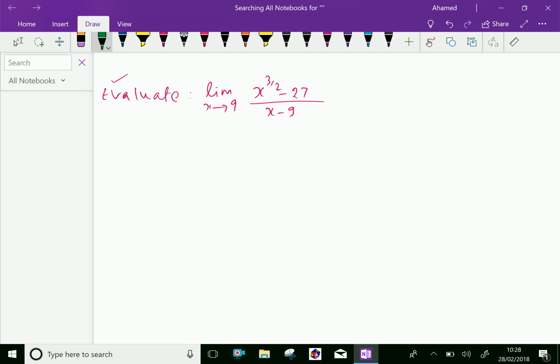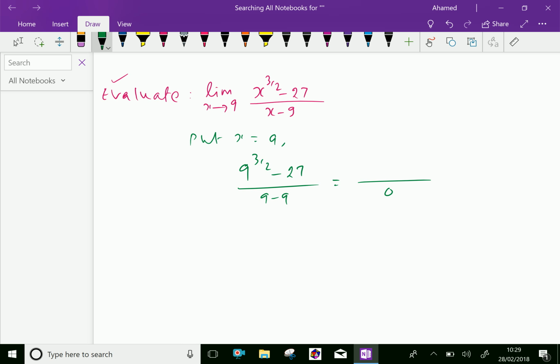Suppose we put the value x equal to 9. We get 9^(3/2) minus 27 over 9 minus 9, and the denominator is 0.